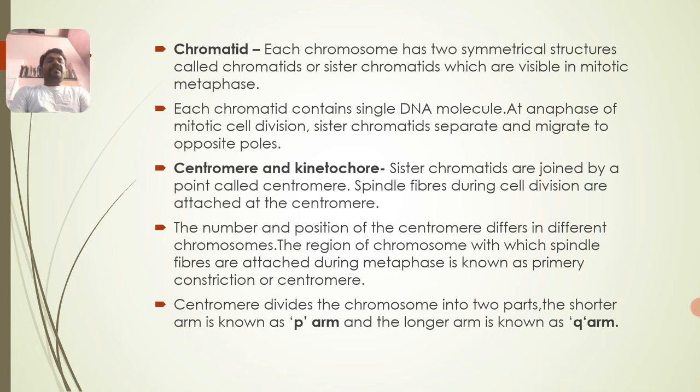The number and position of the centromere differ in different chromosomes. The region of the chromosome with which spindle fibers are attached during metaphase is known as the primary constriction.